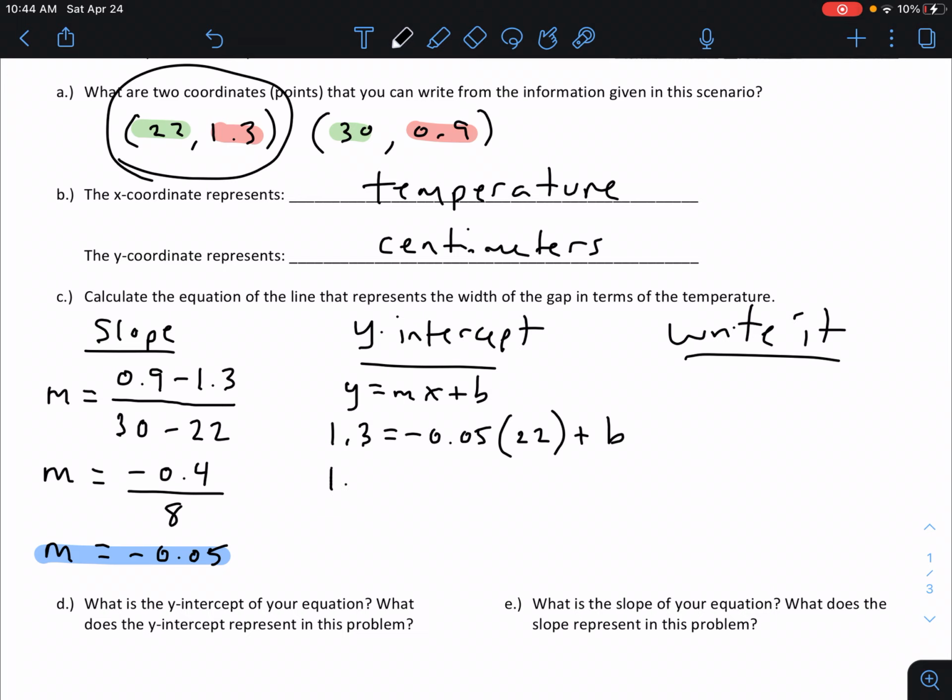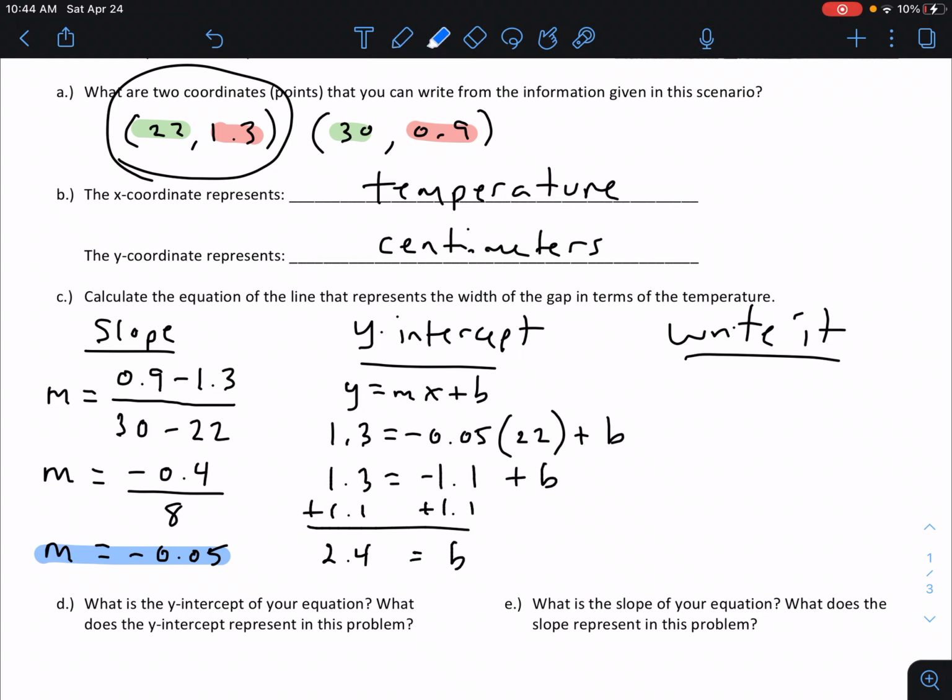So I have 1.3 equals negative 1.1 plus b. And then I want to get b by itself, so I'm just going to add 1.1 to both sides. So I end up with b on the right-hand side and 2.4 on the left-hand side.